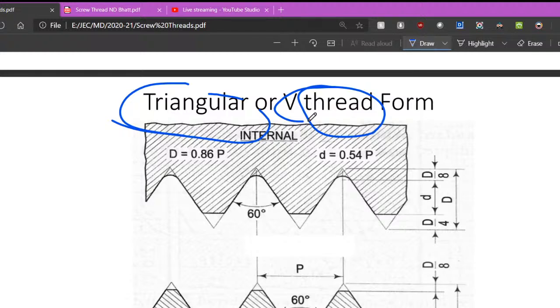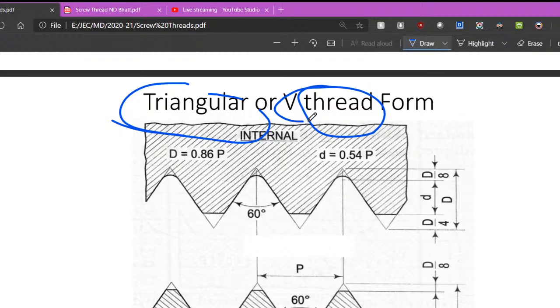So there was a general convention around 1947. Around that time there was an organization called ISO, the International Organization for Standardization. Countries like India, Britain, USA, Canada, and various other countries assembled, discussed, and then decided and started manufacturing the standard form of the threads.